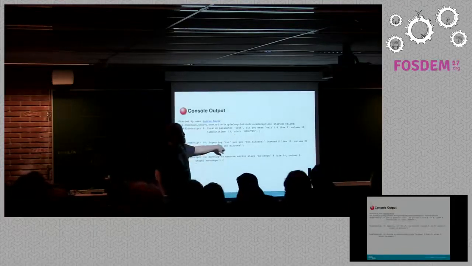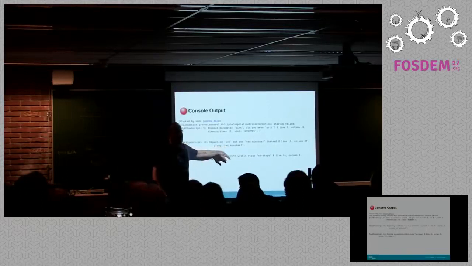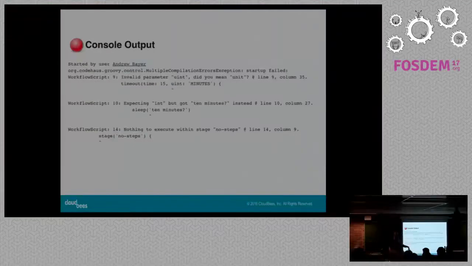Next here, I'm calling the sleep step, but instead of giving it a number, I'm giving it a string, and that's not a valid parameter type. You can't really tell something to sleep for, quote, 10 minutes, unquote. And so it's telling me that it was expecting an int, but it got 10 minutes. So you might want to change that.